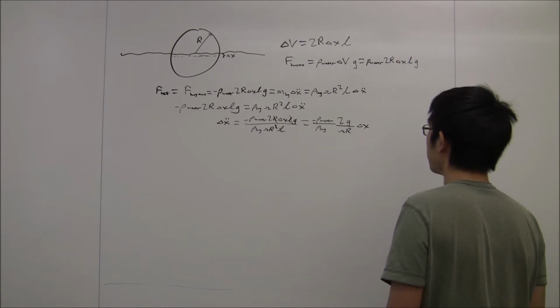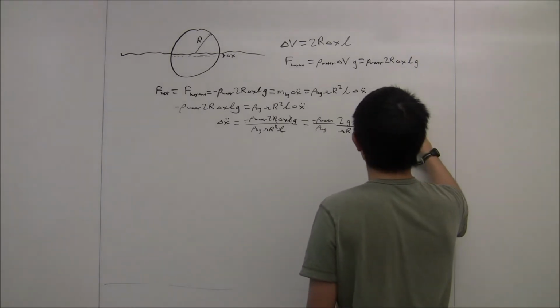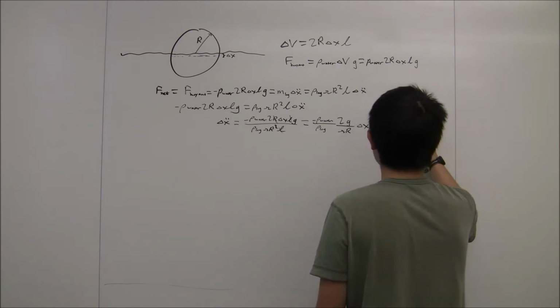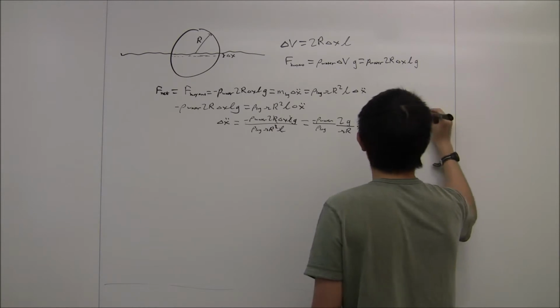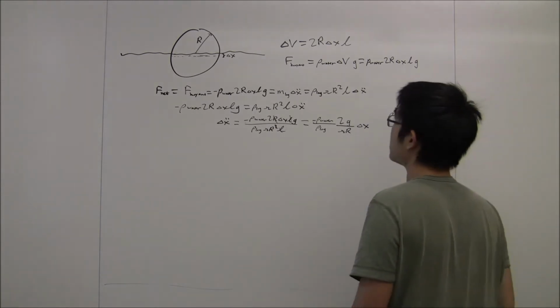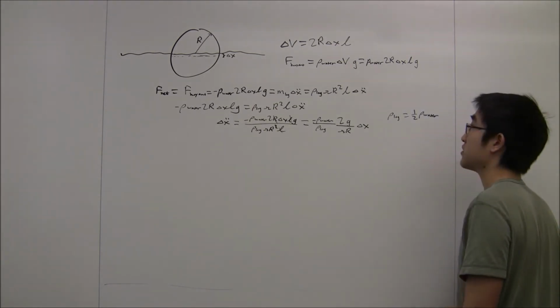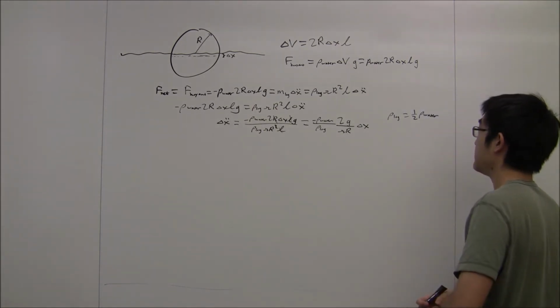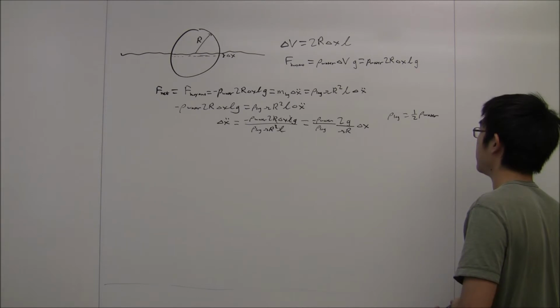Now from the hint, we know that rho log is equal to 1/2 rho water. Since the log is half submerged, this means that the density of the log is half the density of the water.